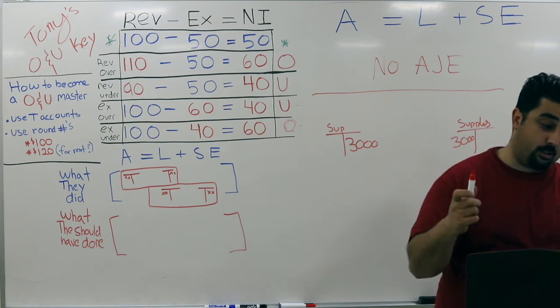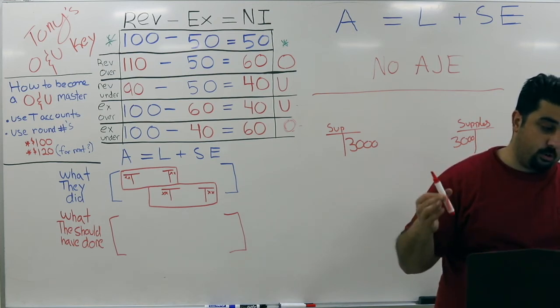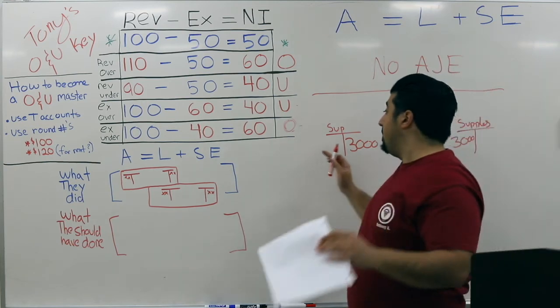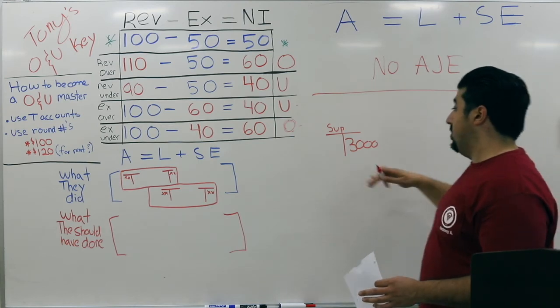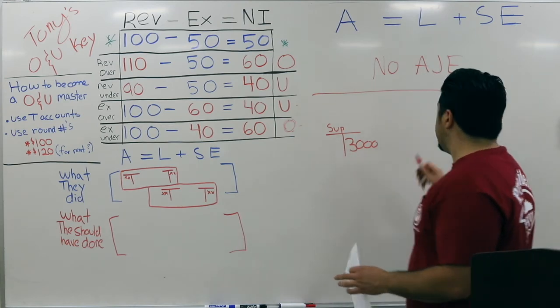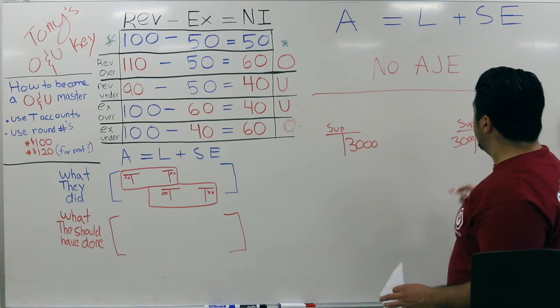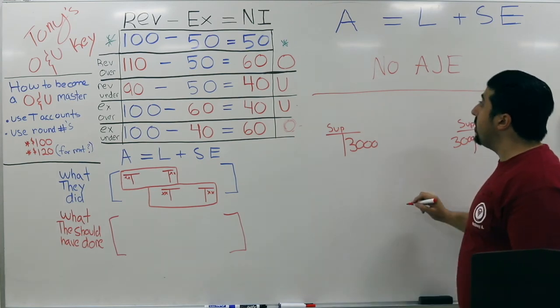They purchased 3,500. Now this is them recognizing the usage of the supplies, reducing supplies by 3,000 and expensing of 3,000. So again, we come over here.